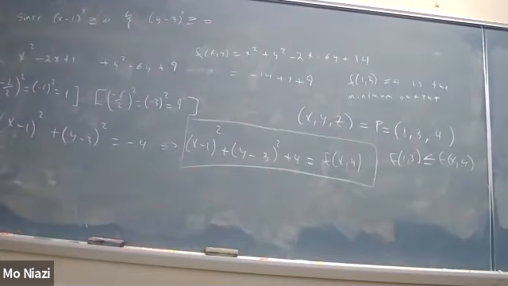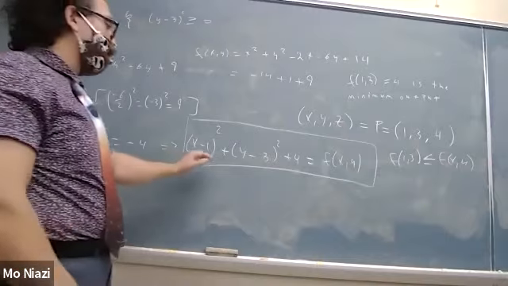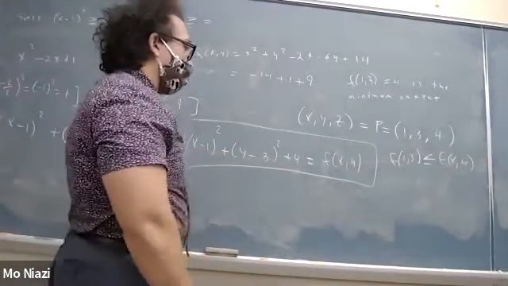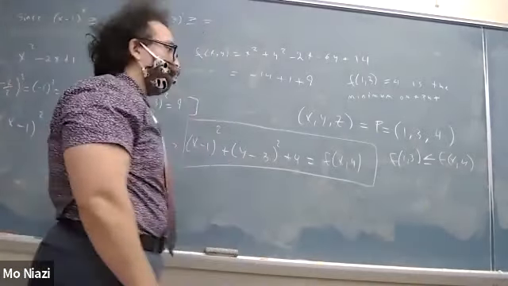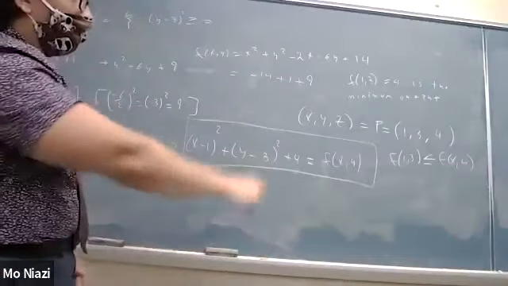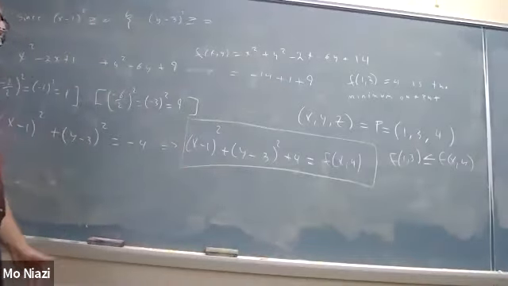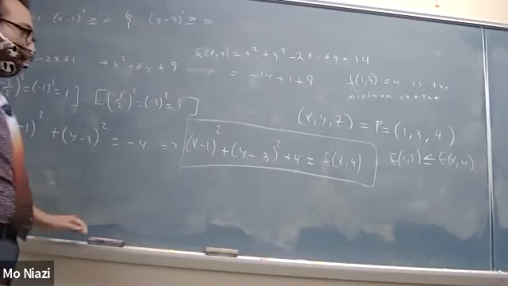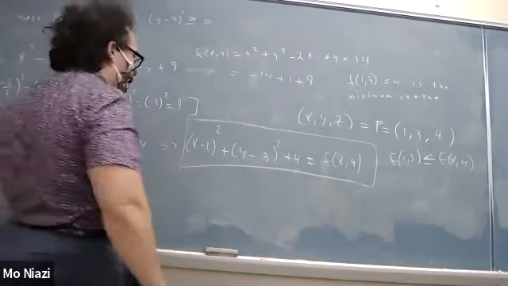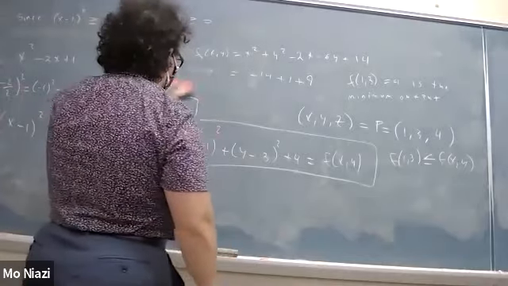You can even try it. You can pick some points and see what happens. I picked (0, 0), which was easy, and I noticed that f of (0, 0) equaled 14 instead of 4. So pick any points besides (1, 3), and you'll notice that it's outputting a value bigger than 4.